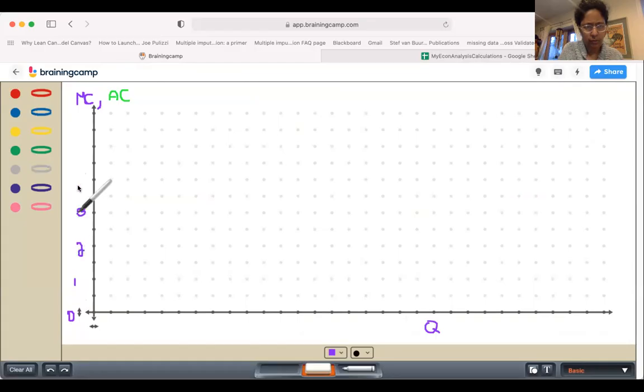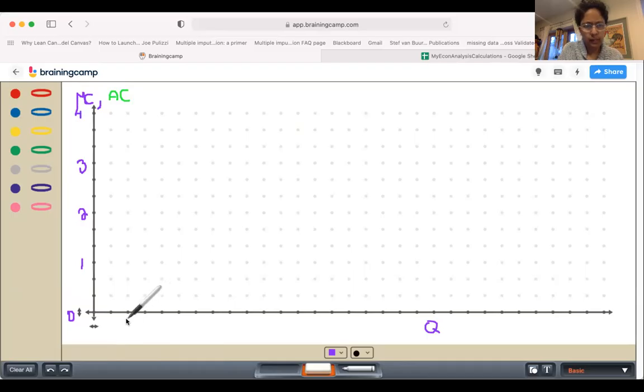I do have to put the $4 here. Technically, I could give myself a little more space here.